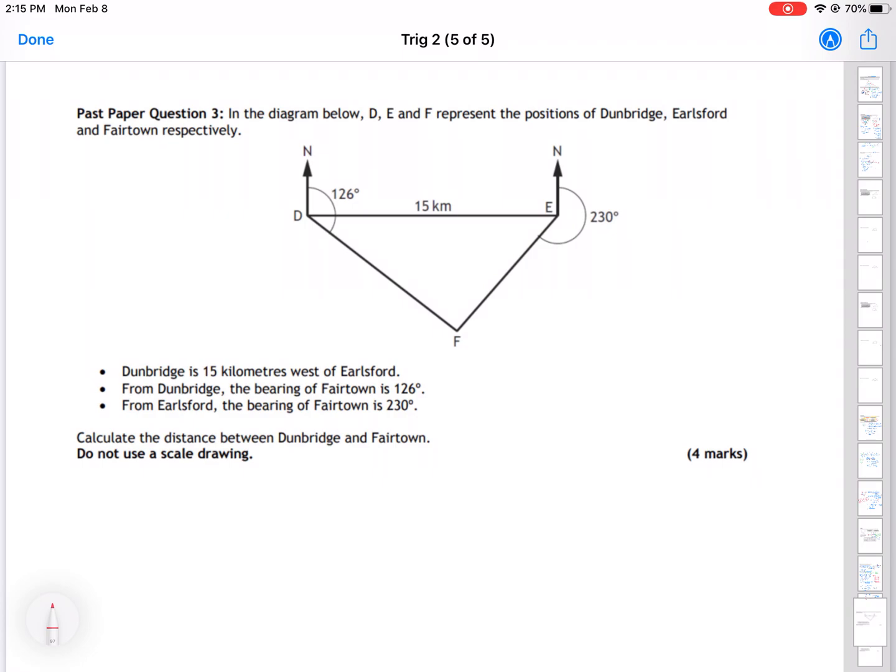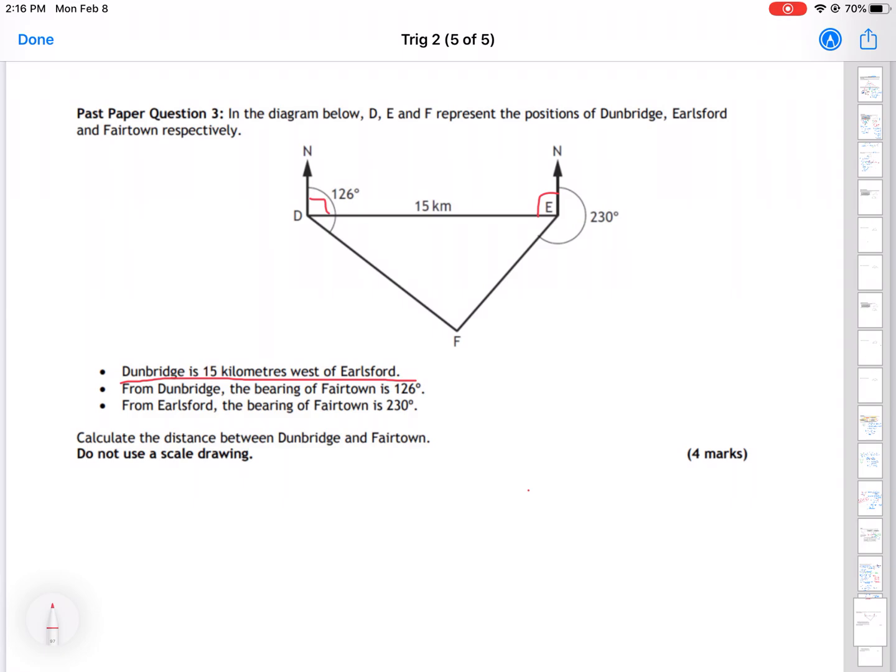So what we are looking for, and the particular knowledge that we want to consider from the pieces of information, is the fact that Dunbridge is west of Earlsfort. So D and E are on right angles to one another with the northern line.